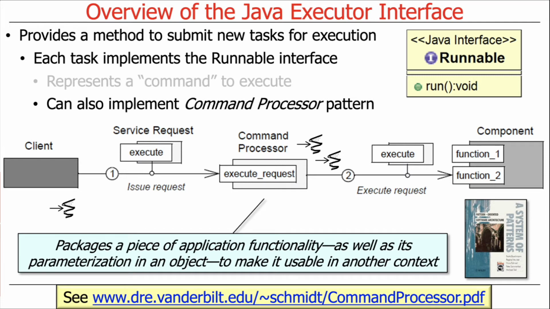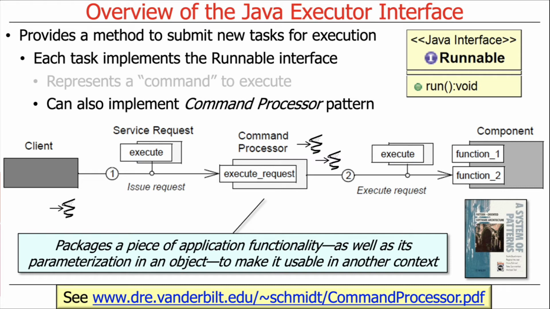And the Command Processor pattern is a pattern from the POSA 1 book, Pattern-Oriented Software Architecture, Volume 1, A System of Patterns, with a bunch of colleagues that I later wrote a bunch of other books with. And what the Command Processor pattern does is it packages a piece of application functionality as well as its parameterization in an object to make it usable in another context. That's the intent, or that's the abstract description of the pattern.